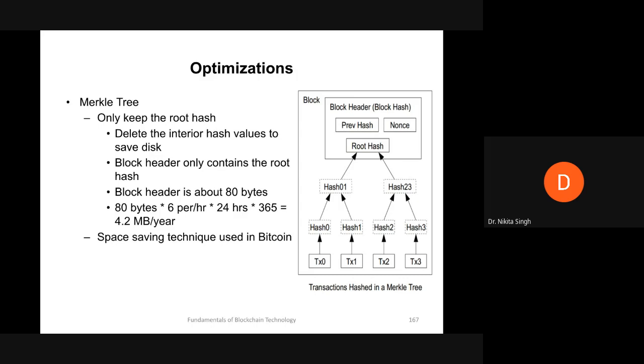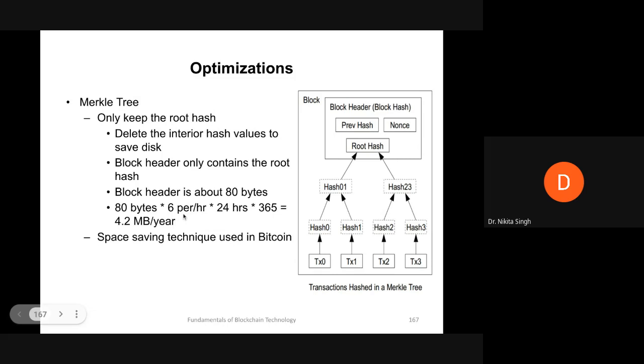So what we are saying here is that when we're performing a proof of work function, we only keep the root hash. We delete the interior hash values to save disk space. And the block header will only contain the Merkle root hash. Each block header is about 80 bytes.